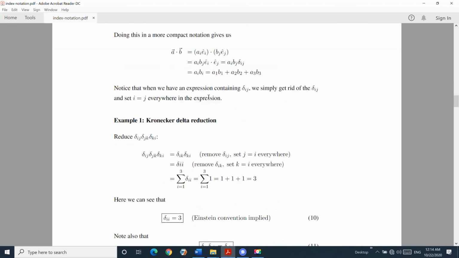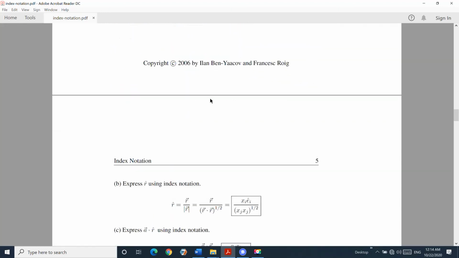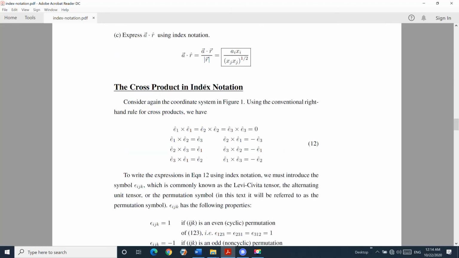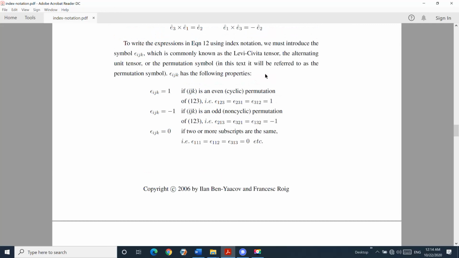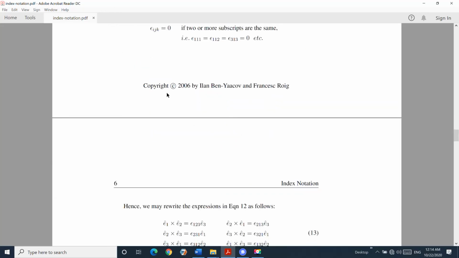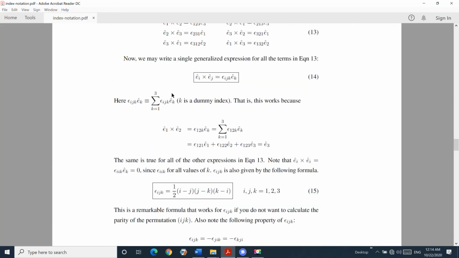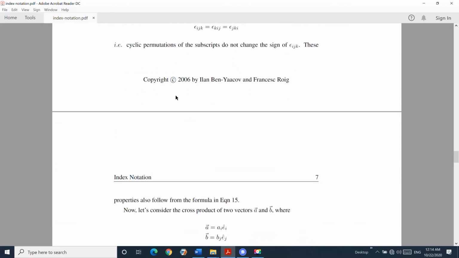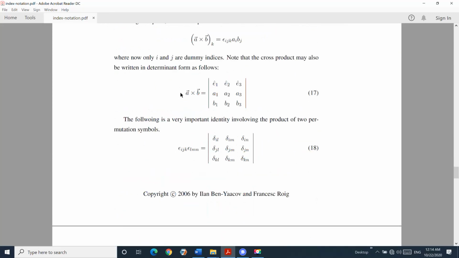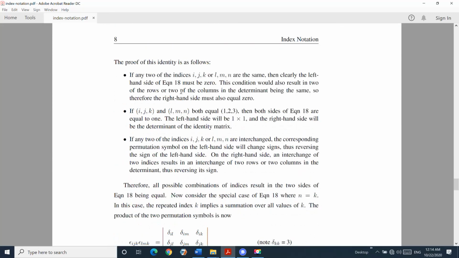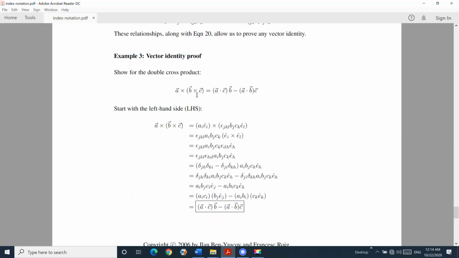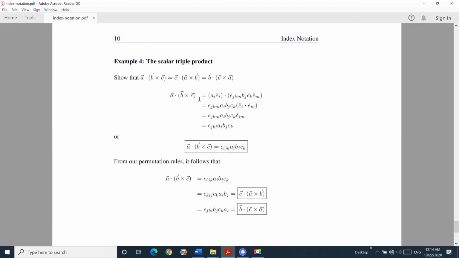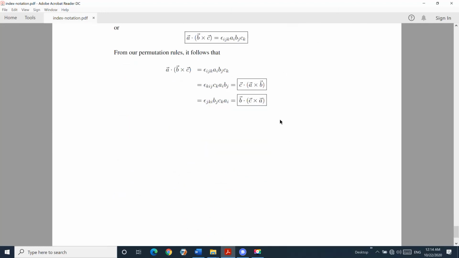Then we gave some examples: cross product in index notation and the permutation symbol, the rules of permutation symbols, then basic results and some examples of these permutation symbols. So see you in the next video.